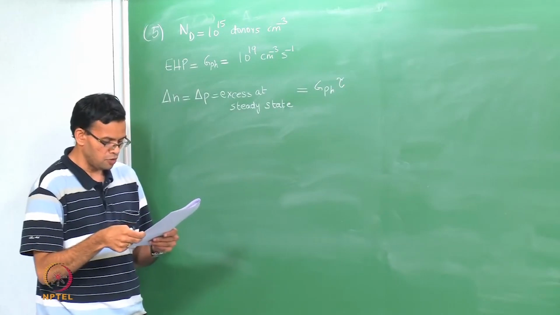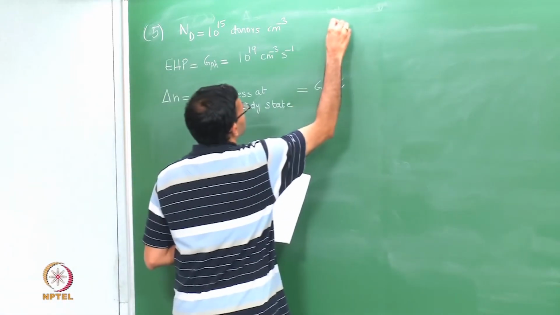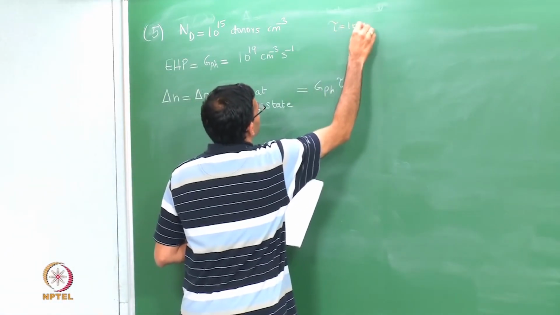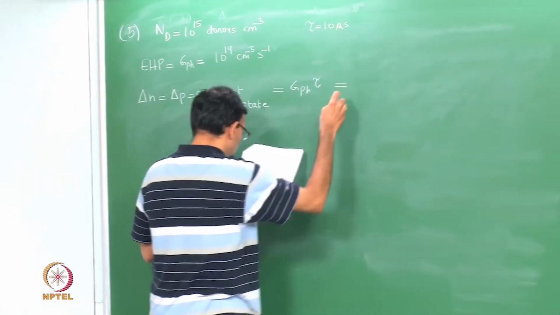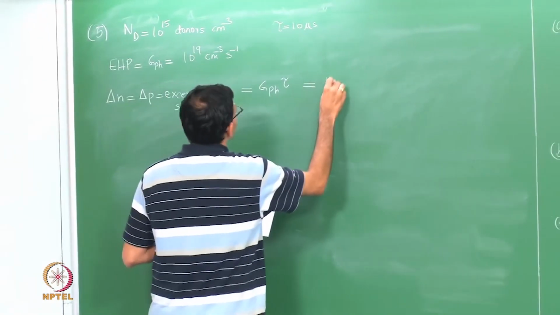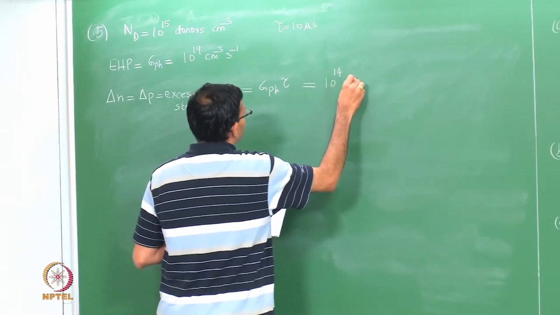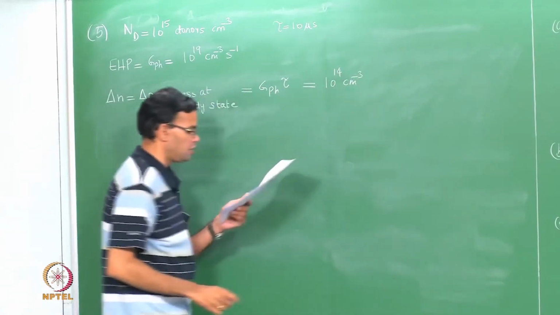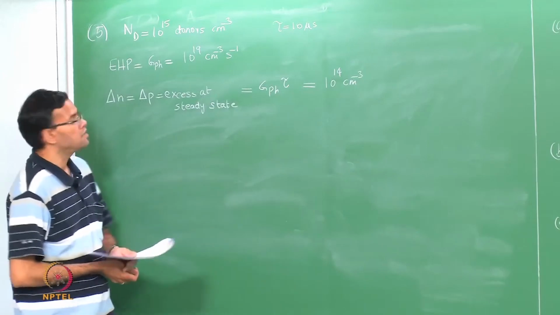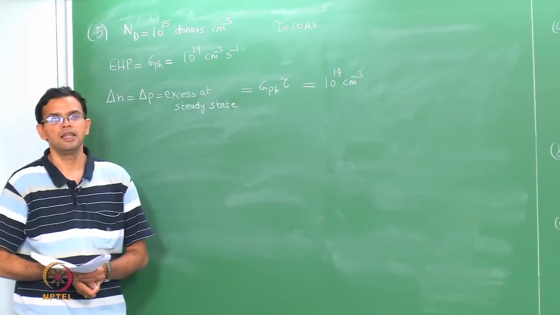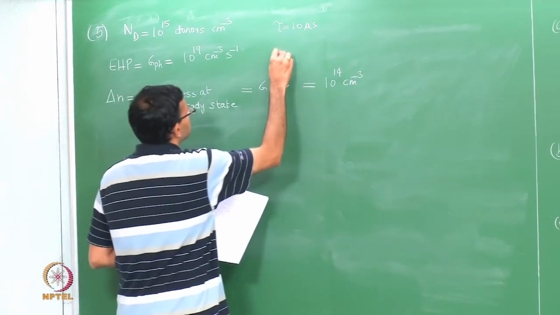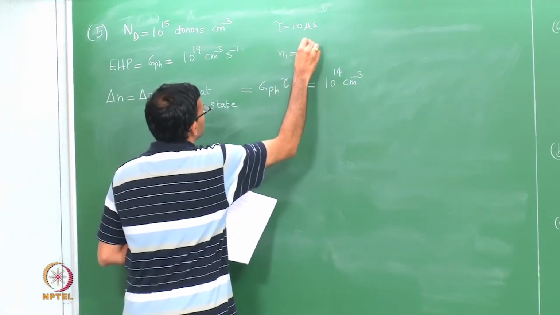The value of tau is also given. So, tau is 10 microseconds, so that this is equal to 10 to the 14 per centimeter cube. So, Nd is 10 to the 15, this is silicon. So, Ni is 10 to the 10.